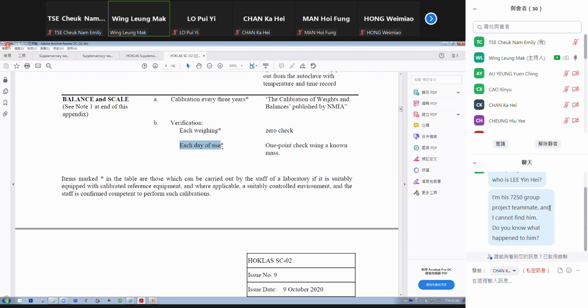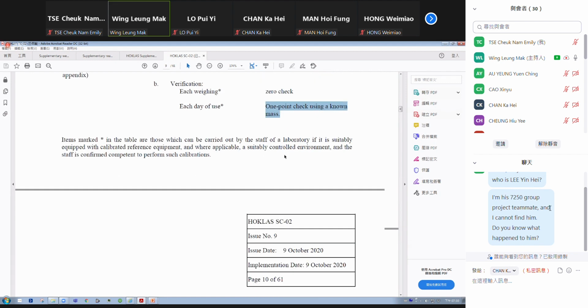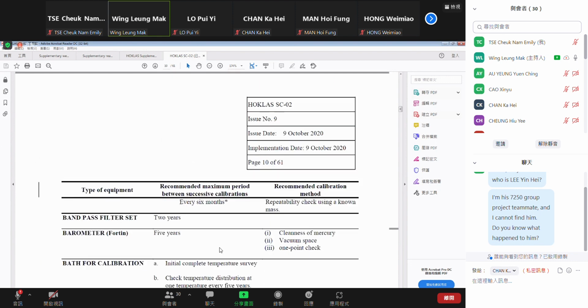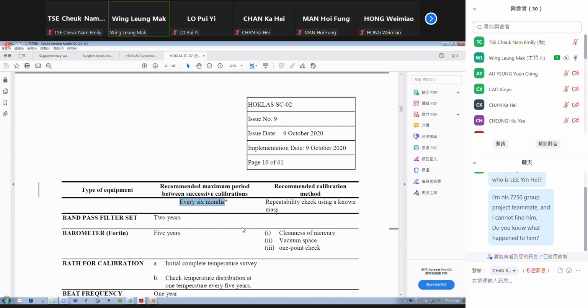Before daily use, you need to do a one-point check with a known mass to ensure the balance is working properly. What else? Every 6 months, you need to check whether the balance repeatability is correct. Okay, it is the HOKLAS Supplementary Criteria 2.